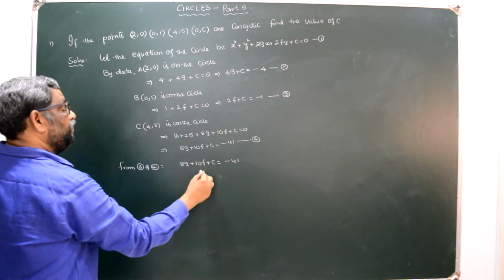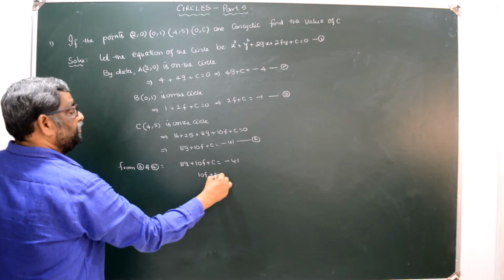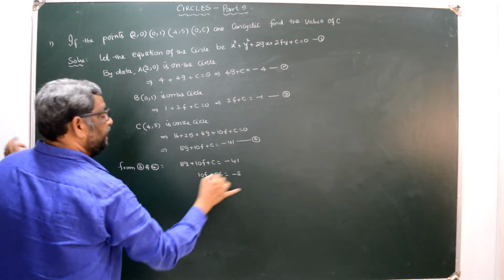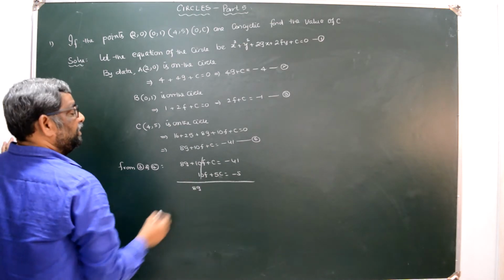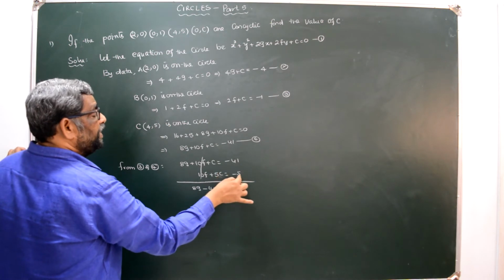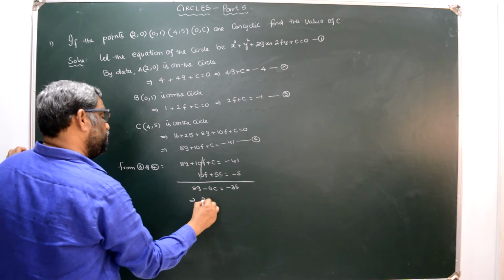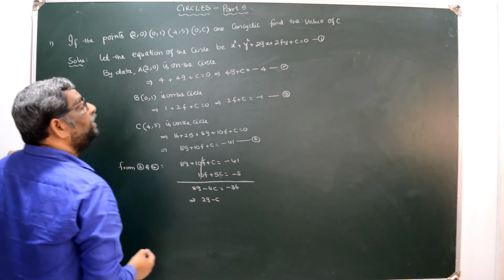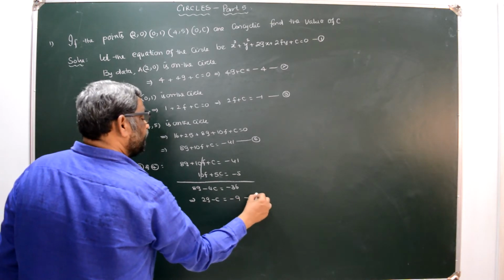I'll multiply equation 3 with 5, so 10f plus 5c is equal to minus 5. I'll subtract: 8g minus 4c, minus 41 plus 5 means minus 36. So 2g minus c is equal to minus 9. You can call this as 5.